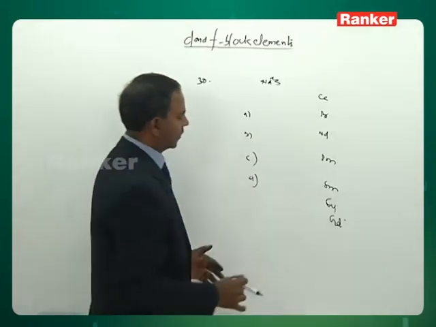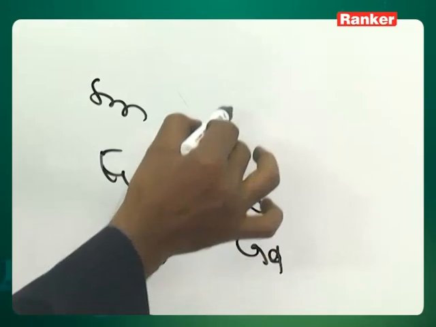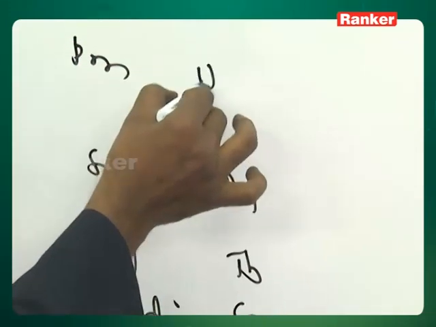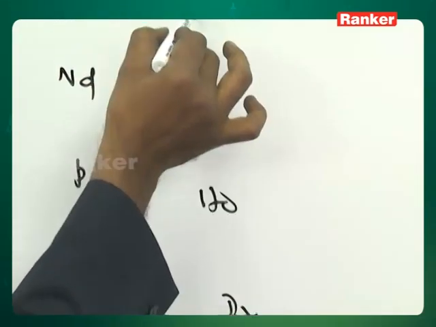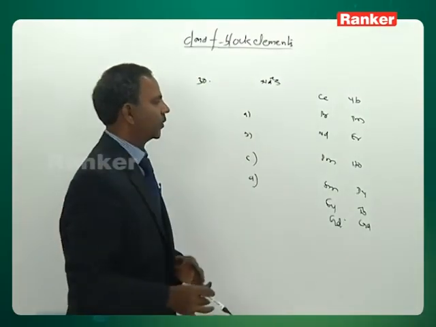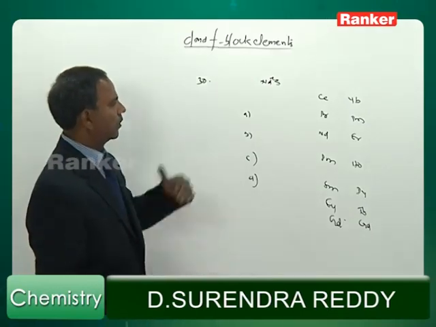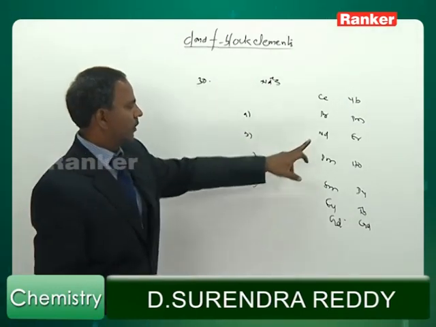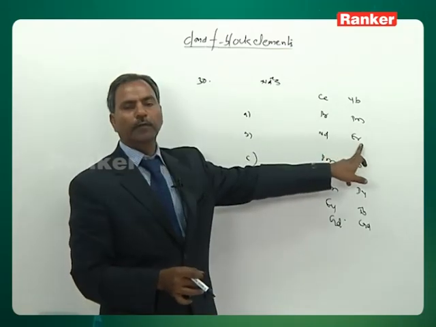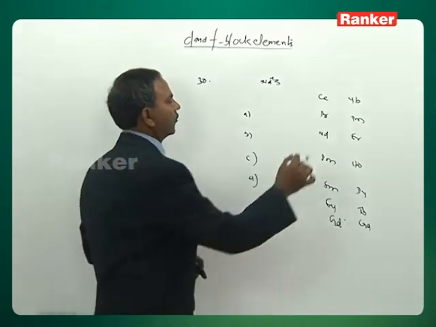Again, from gadolinium: gadolinium, terbium, dysprosium, holmium, erbium, thulium, ytterbium. This is more or less the same concept as the previous question. Neodymium plus 3 is opposite to erbium.